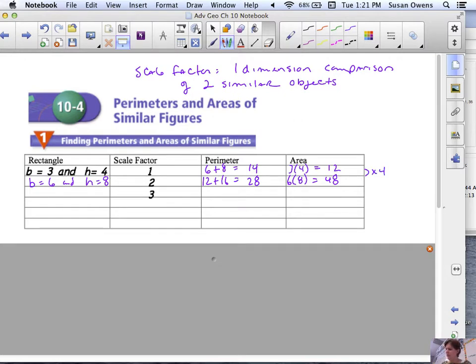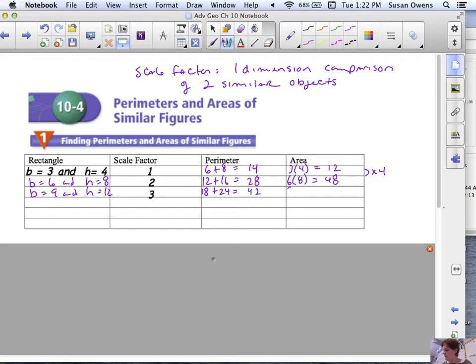Okay. I want to do one more. Most of you have done this before, but for this one, this is going to be 9, and the height is going to be 12. So this one is going to be now 18 plus 24, which is 42.